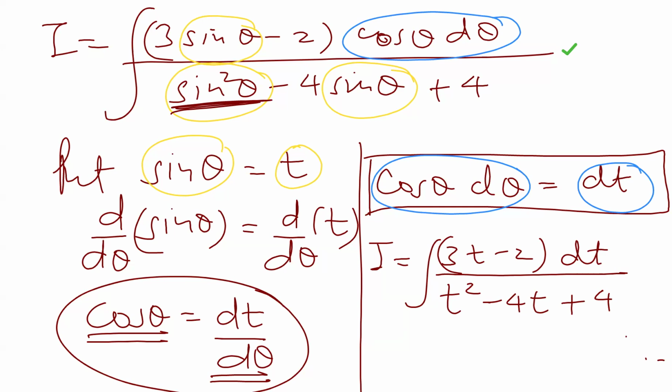So now don't you feel the numerator term is linear and the denominator term is quadratic? The numerator is in terms of t and the maximum power of t is 1. The denominator is a quadratic term and the maximum power is 2. So it's linear upon quadratic. Mark this as equation number 1. If it is linear upon quadratic, what is the first step?